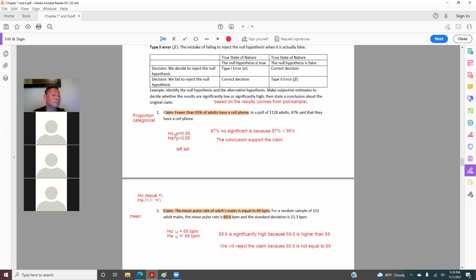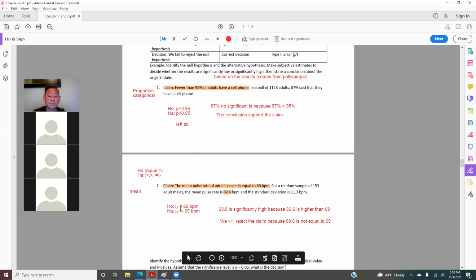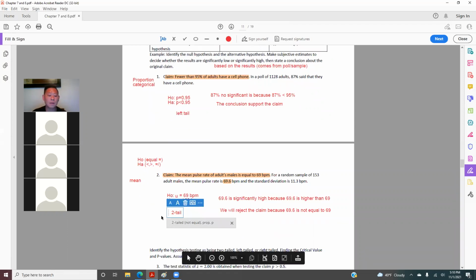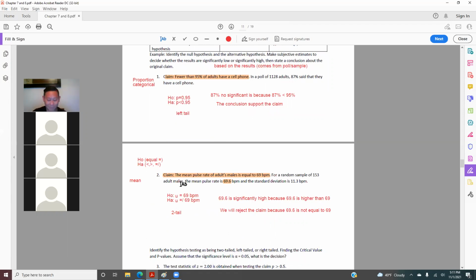You see that? This is a two-tailed test. Fewer is left tail. Equal is a two-tail. Greater than means right tail.